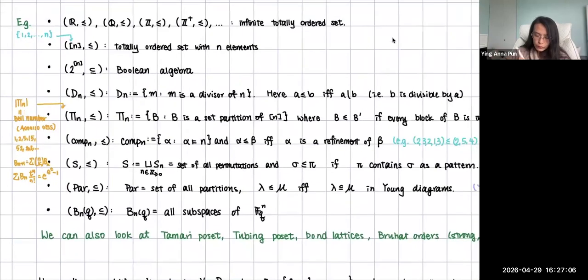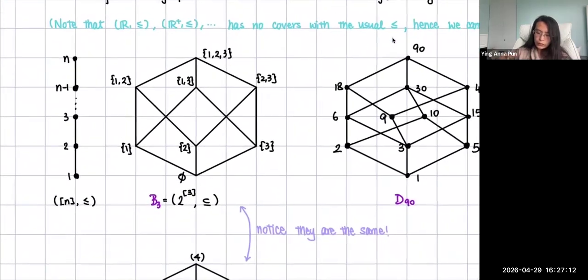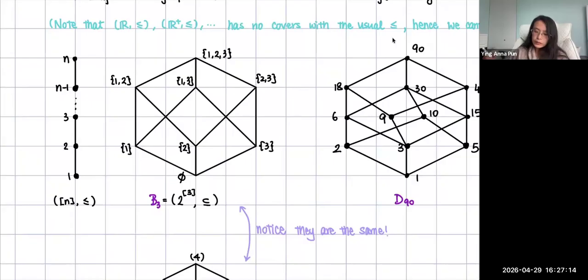Before I move on to the rest of the list, let me give you the example here. We talked about the Hasse diagram. Basically, your elements are the vertices, and we draw a line between two vertices if one covers the other. For example, this is the Boolean algebra on the three elements 1, 2, and 3.